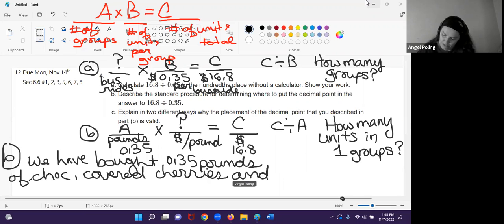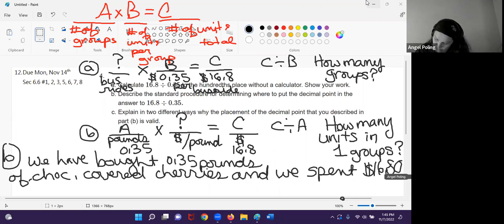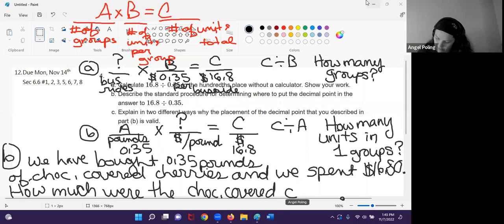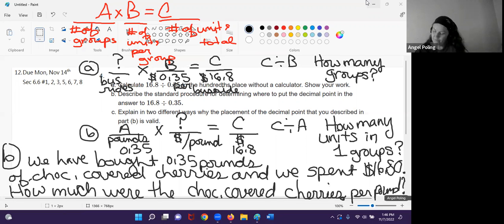And we spent $1, or I wish, $16.80. How much were the chocolate covered cherries per pound?